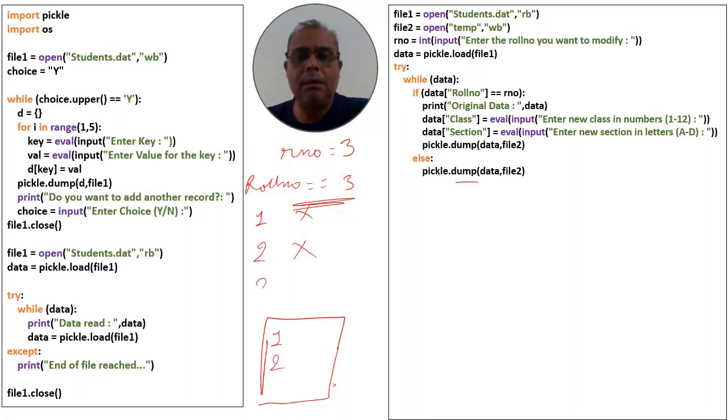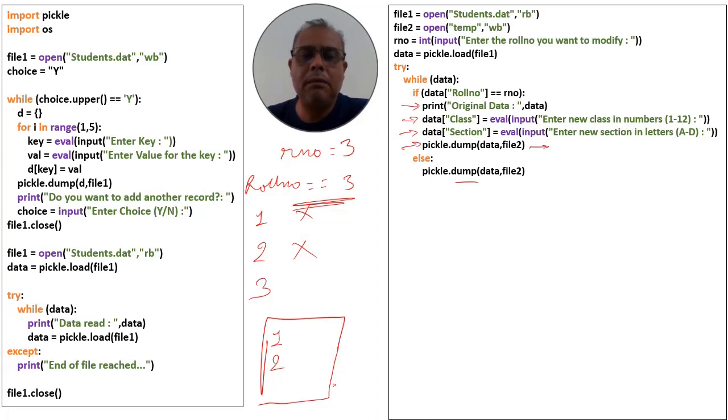Then roll number 3. When roll number 3 is read, the roll numbers are compared and they match, so this if block is going to execute. We are going to enter the new class and section, and then we are going to write this modified data into file 2.